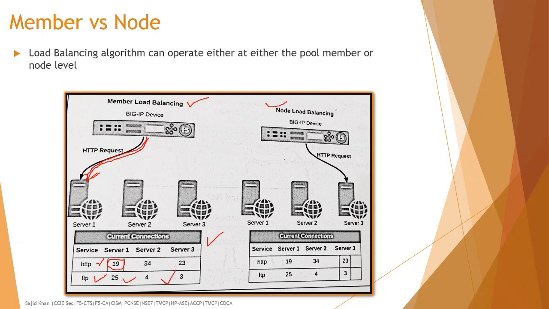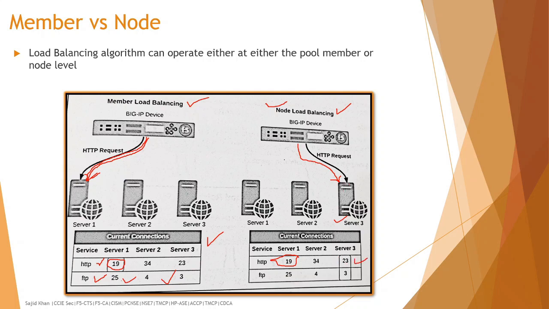Similarly, in node load balancing algorithm, you can see that F5 is forwarding the HTTP request to server 3, even though the HTTP request of server 1 is 19 and the HTTP request of server 3 is 23.